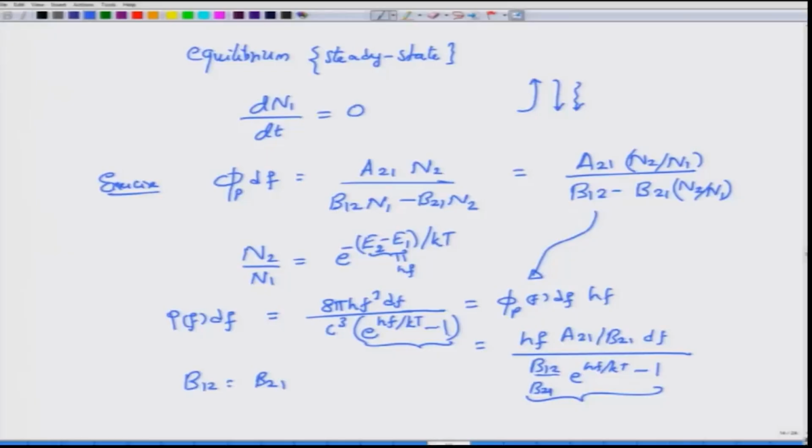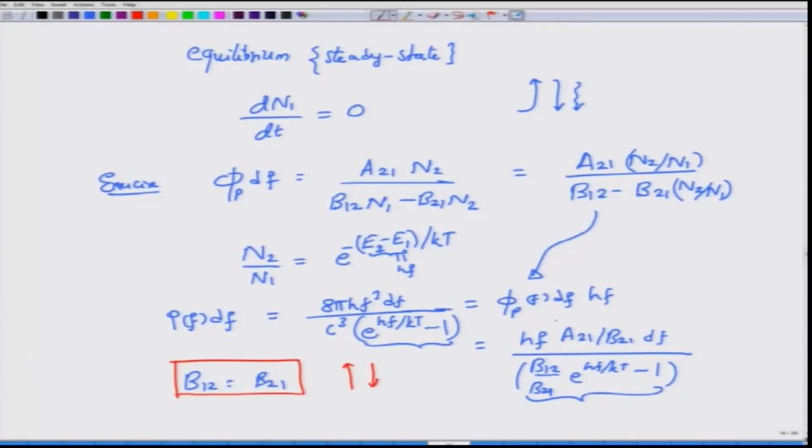Sorry, this has to be in the bracket. So, you have e to the power hf by kt minus 1 multiplied by B12 by B21, and you have e to the power hf by kt minus 1, that would be B12 by B21. Therefore, we are led to a very important conclusion that the Einstein coefficient of absorption is exactly equal to the Einstein coefficient for stimulated emission.